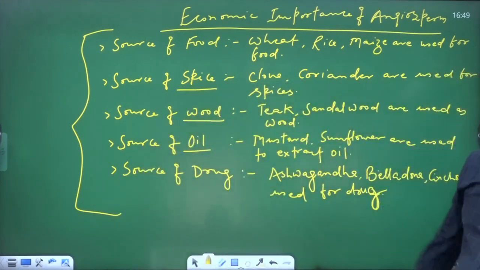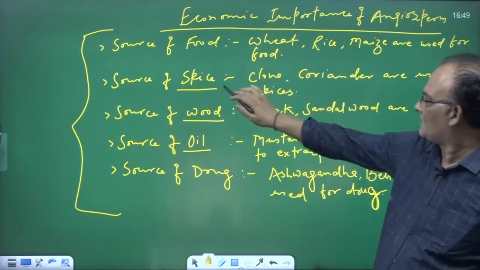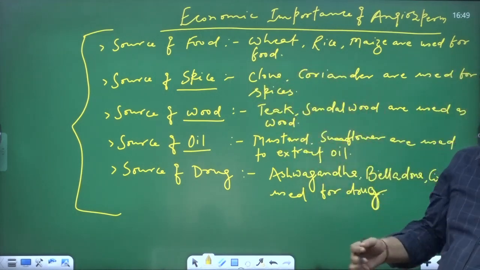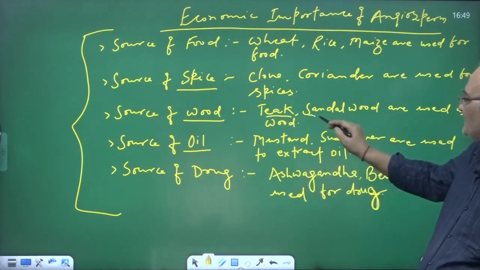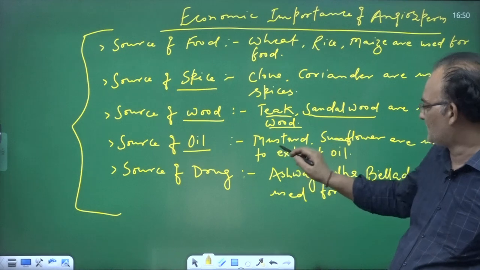Understood? Source of food: rice, wheat, maize. Clove, coriander are used for making spice. Teak, sandalwood are used for wood.